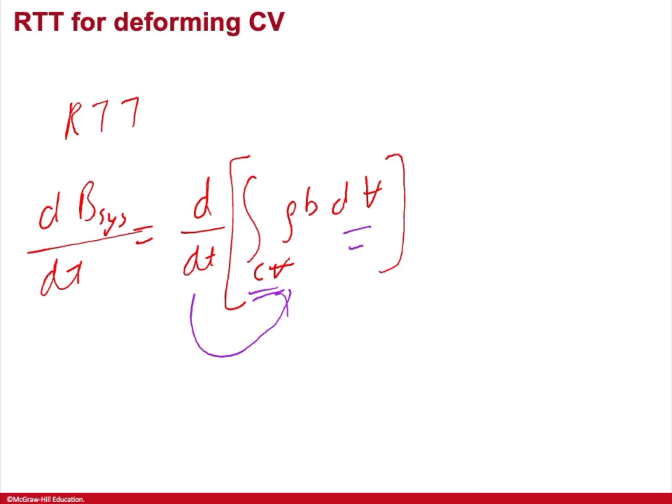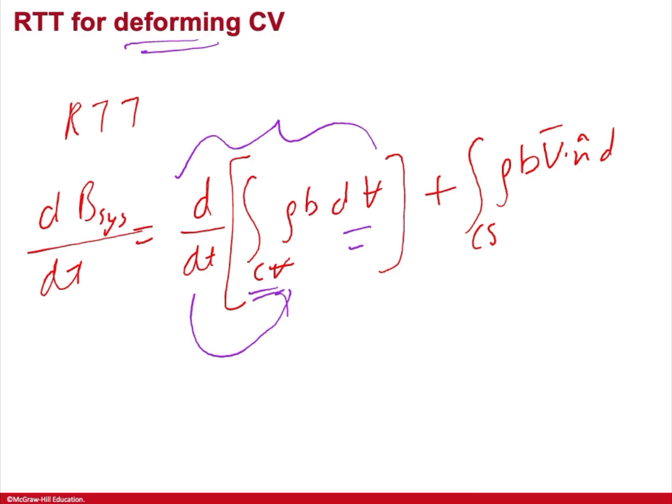That's the whole definition of a deforming control volume. So you cannot make the simplification of switching the time derivative and the integral, because it is also changing with time. So for a deforming control volume, the time derivative remains outside. Okay, and the rest of it stays the same, right? So for your control surface, you account for the flux of this property coming in and out of the control surface.